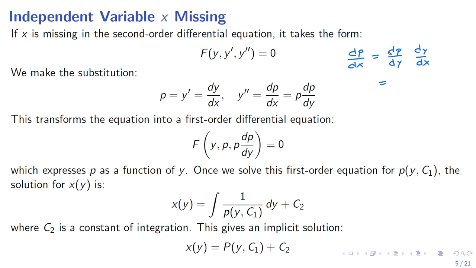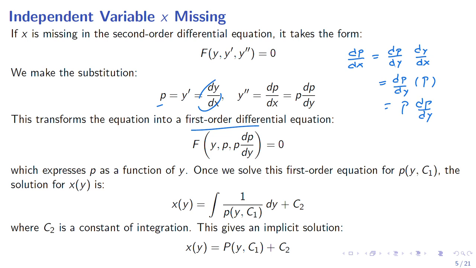And dy on dx is p. So p times dp on dy. Now, if we do that, we will get a first order differential equation with the terms y, p, and p times dp on dy.